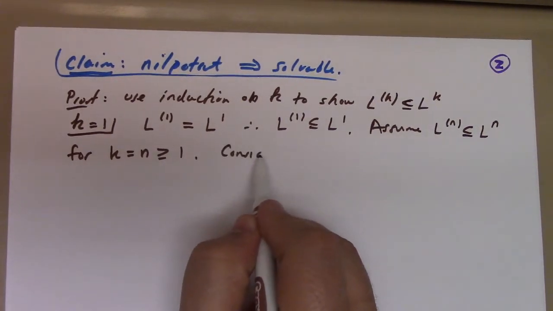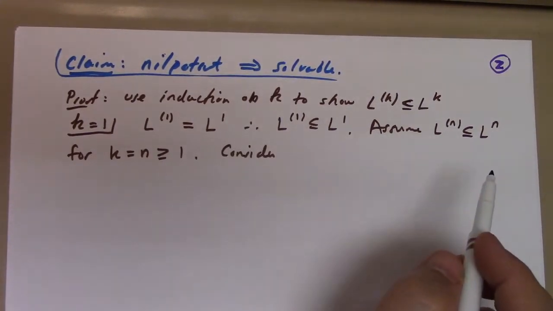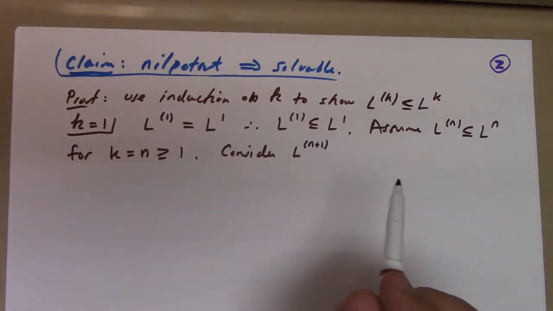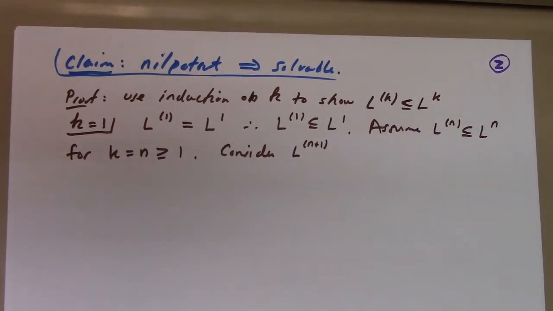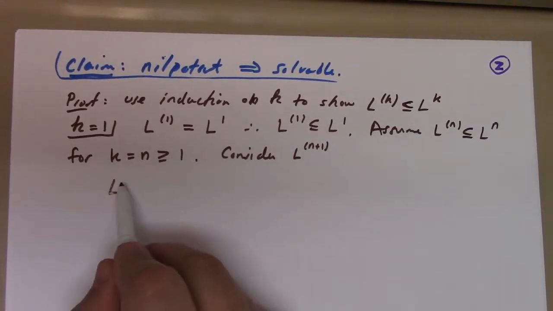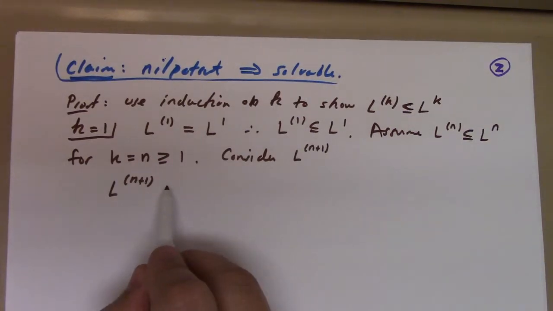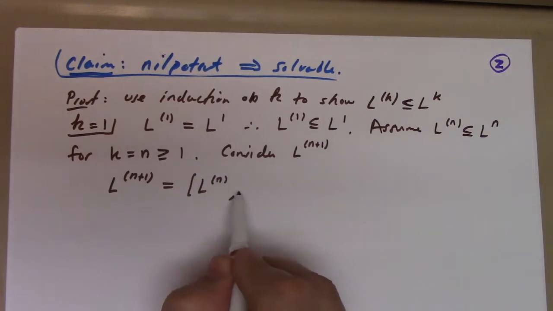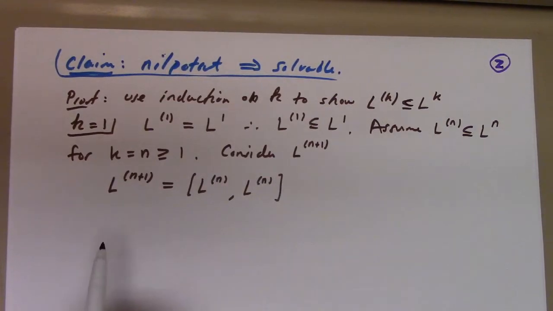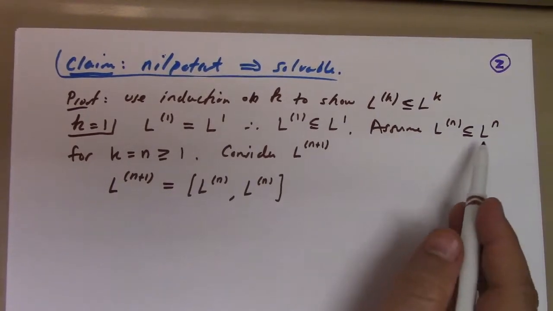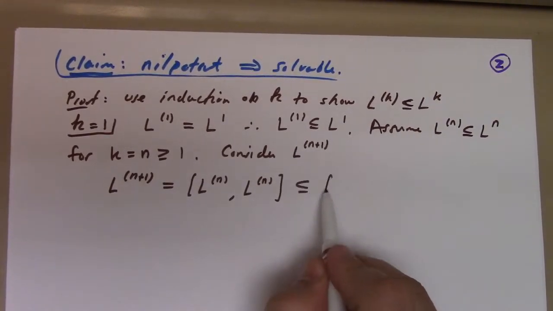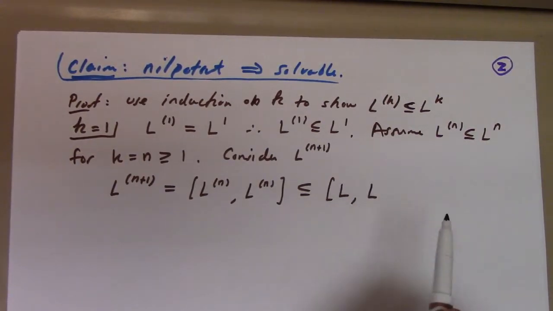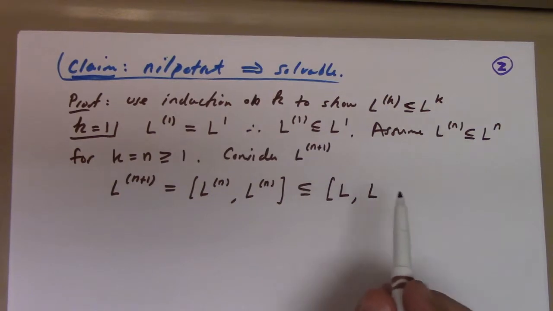We want to show it for n plus 1. L n plus 1 is defined to be the bracket of L parentheses n with L parentheses n. But this, by the induction hypothesis, is a subset of the bracket of L with Ln, and we're using the product bracket subset theorem again.